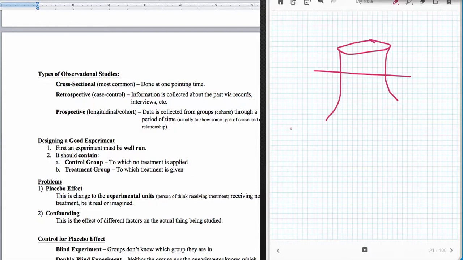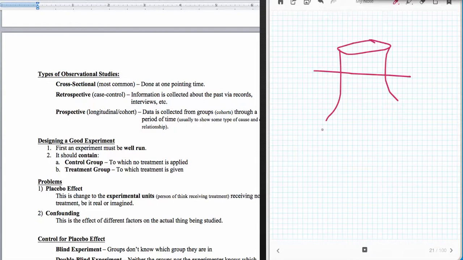That can be done in an experiment in the way that the person comes in and maybe they have a disease, and then they apply a treatment, and then the observations are made again, and then later on they come back and they see how things went after a time.